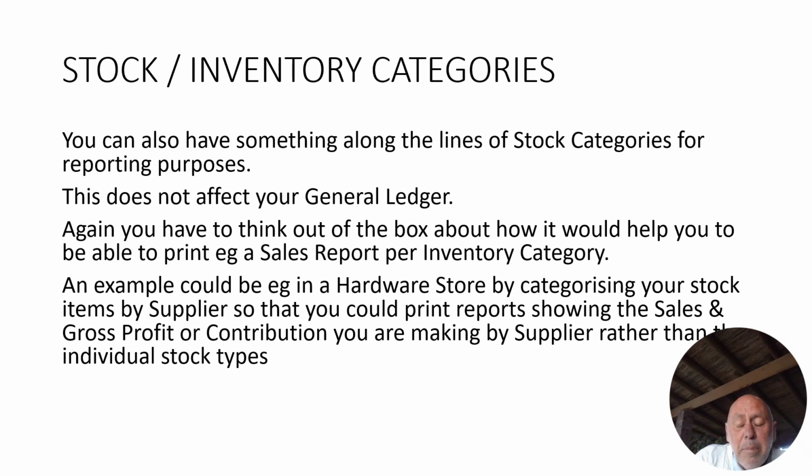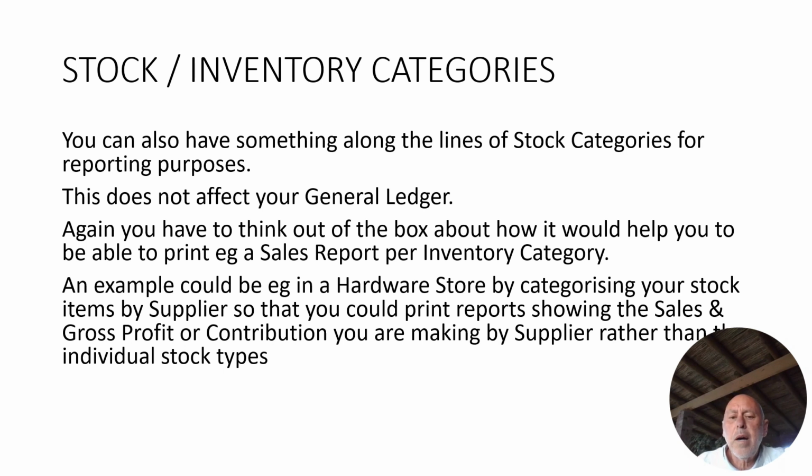Just the last thing I've brought up there is you have, in most accounting systems as well, other ways to break up your stock or inventory, for example, categories. The groups were affecting the general ledger. Categories don't. Okay, this isn't the accounting system that I'm used to, but you can then make reports of sales by inventory category.